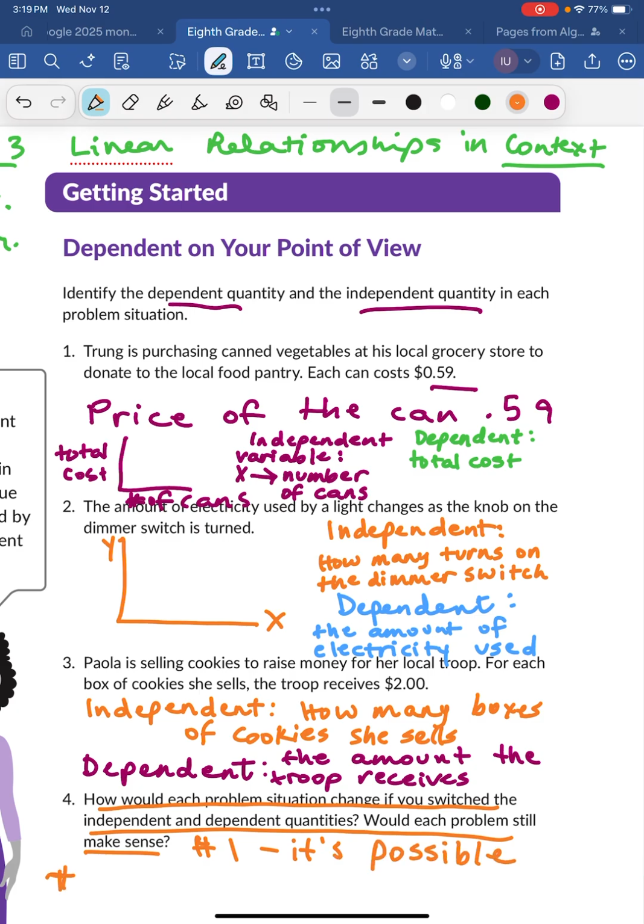Number 2 and number 3, she has to sell cookies in order to make money. She can't make money and not sell any cookies. So number 2 and number 3 do not make sense to switch the variables. Okay, let's move on to this first activity of this lesson.